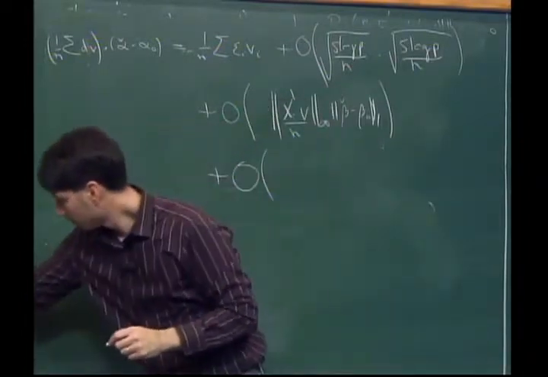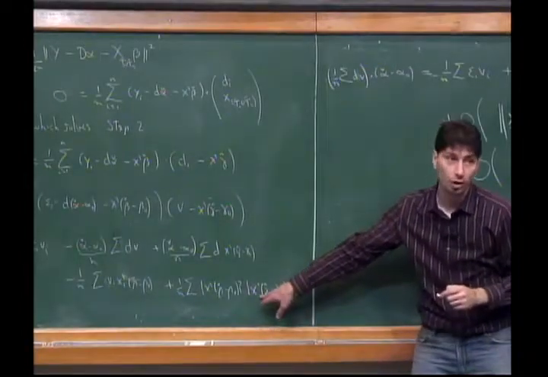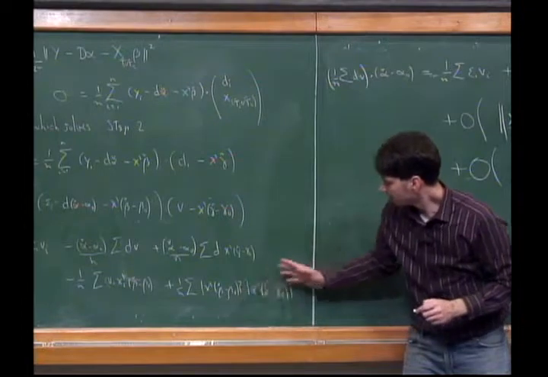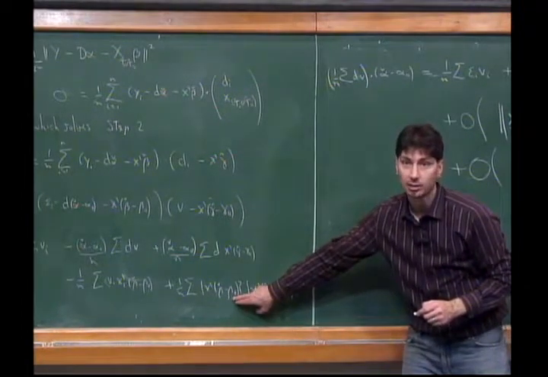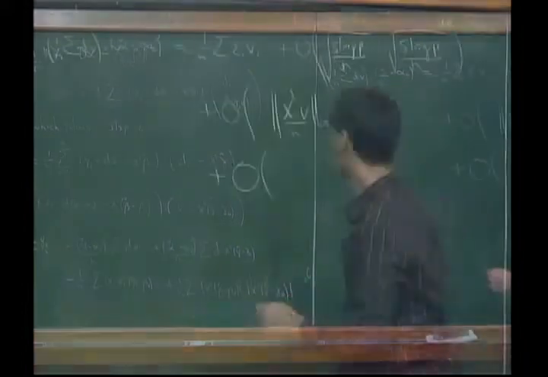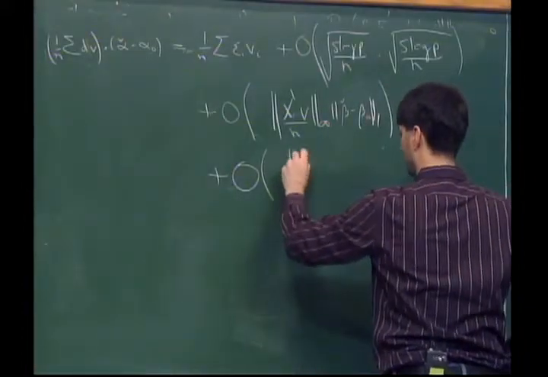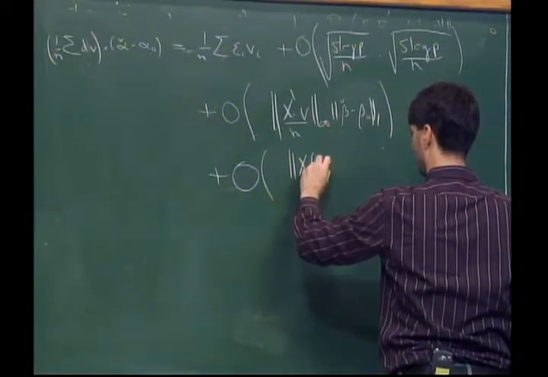And this term is actually the prediction norm. You can bound it by Cauchy-Schwarz. This becomes the prediction norm for the beta hat and the prediction norm of gamma hat, essentially.